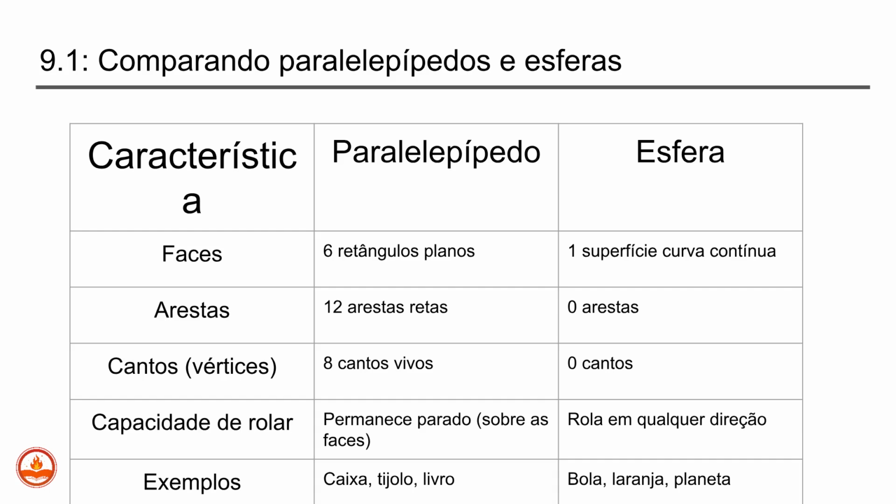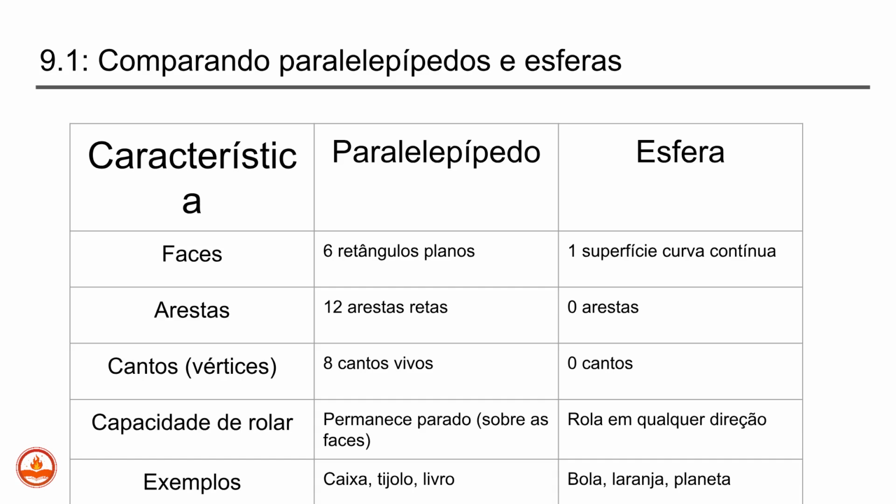Let's first look at the cuboid. The cuboid has 6 flat rectangles. It has 12 straight edges. It has 8 sharp corners. It cannot roll, so it stays in place. And some cuboid examples include boxes, bricks, and books.